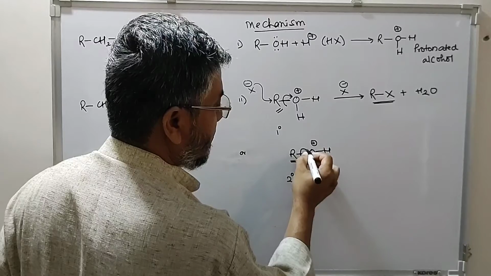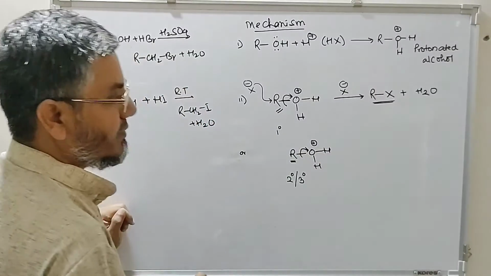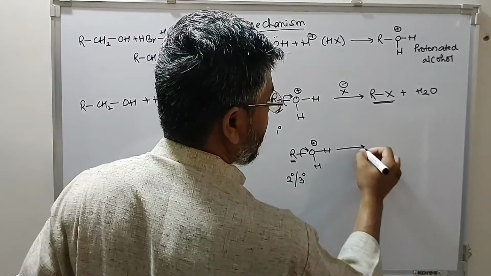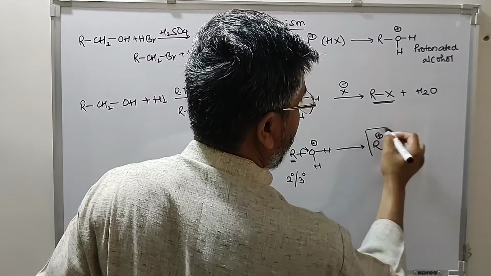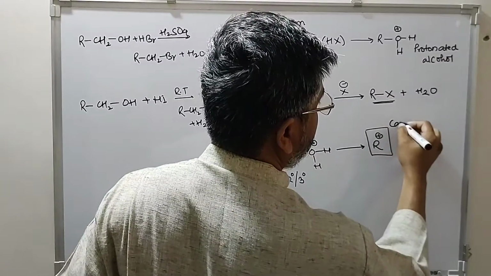The R-O bond breaks, the electrons are taken up by oxygen, and this forms R plus, that is, a carbocation intermediate.